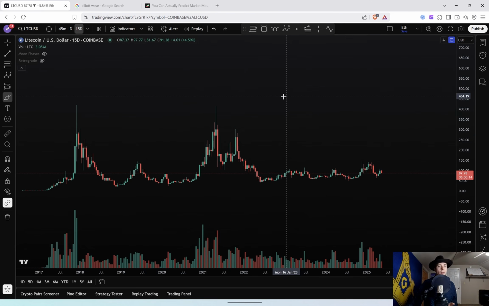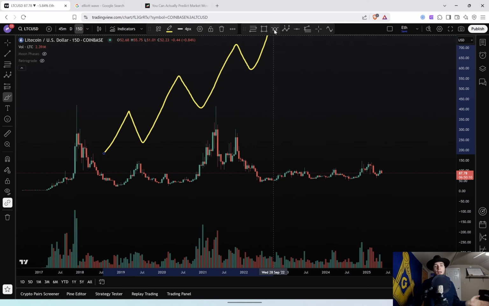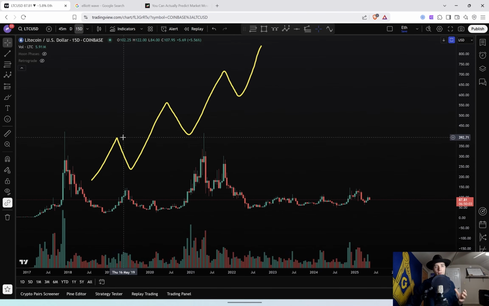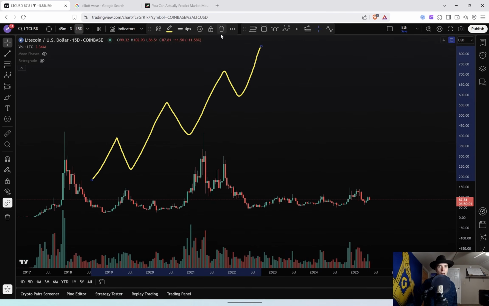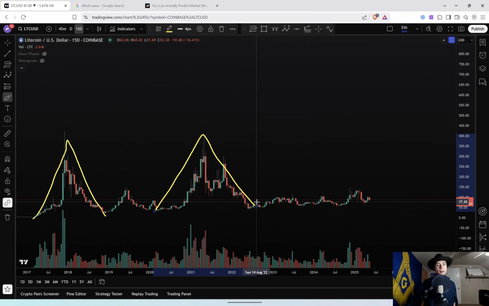That's why we've never really seen it make a consistent, steady uptrend where it makes higher highs and higher lows and just keeps trending up like you would see inside of an established uptrend, because we've been in an accumulation cycle. That's why it pumps and then crashes really hard and then pumps again and crashes really hard again, because it's been accumulating inside of this bigger picture accumulation cycle.